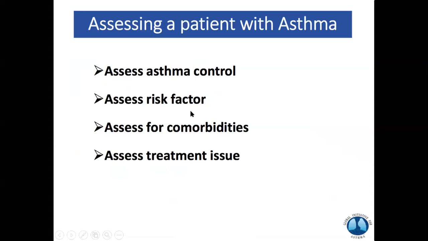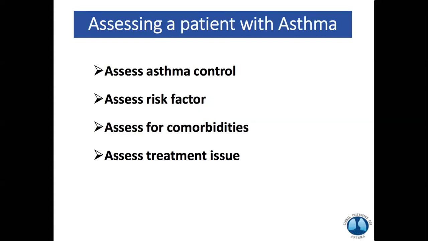Then assess risk factors. There is one concept that even though he is well controlled, suddenly he might have a bad exacerbation. He might have very good control, but suppose it's Diwali time and crackers are there, suddenly they have this exacerbation.